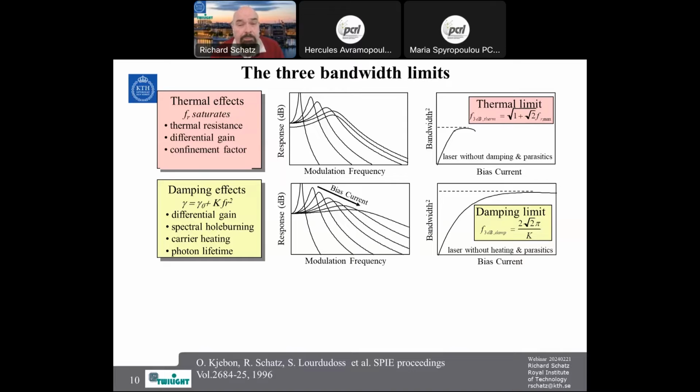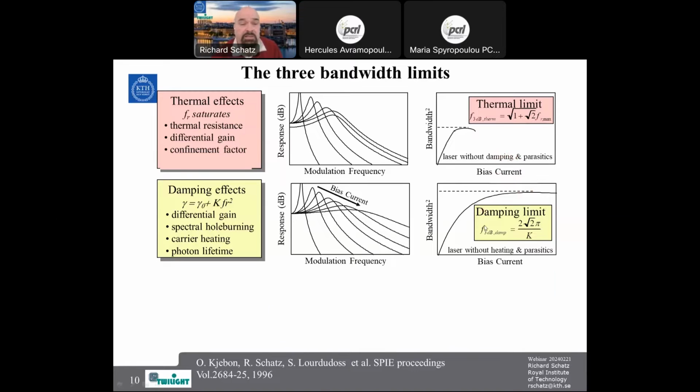That would be the damping limit, and the damping limit is given by the K factor here, how fast the damping increases with resonance frequency squared. That will also give a maximum bandwidth of your device, a bandwidth which is normally higher than the thermal limit. But it's good to see the potential of your device if you can improve the cooling and decrease the thermal and electrical resistance of your device.